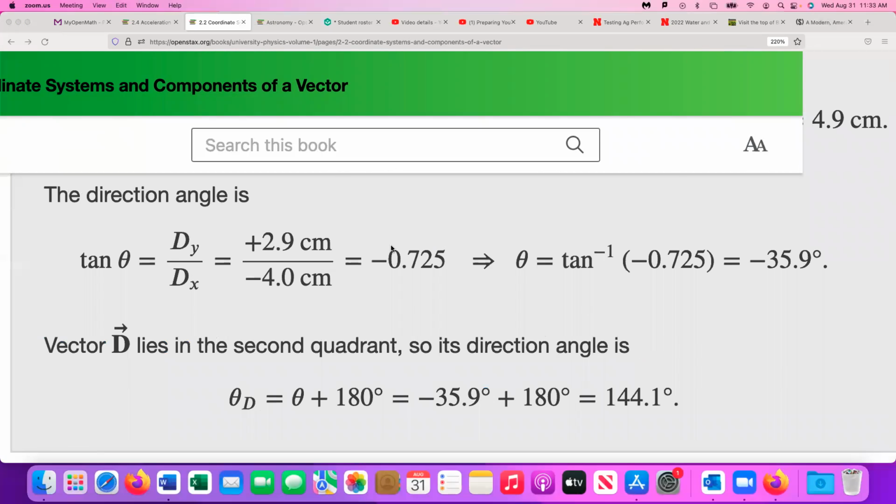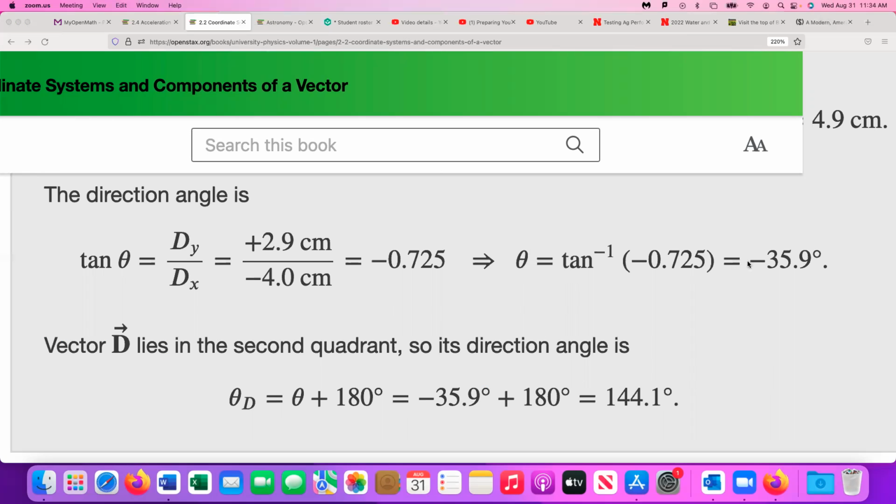Yeah, there's a lot of ways to do it for sure. But I'm trying to figure out what they did here, because this should have actually given them the correct angle, but it didn't. Did they use the correct numbers here? This is plus, this is minus. And it's giving them negative 7.25, 0.725. Maybe their calculator is just not as good as mine. I don't know.